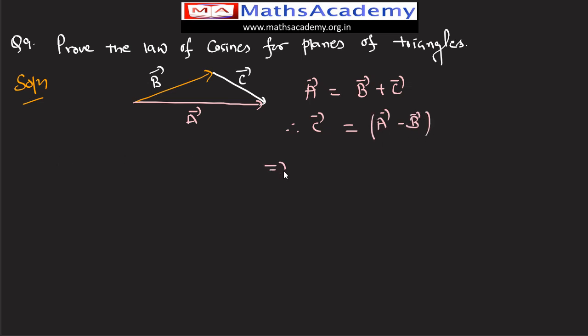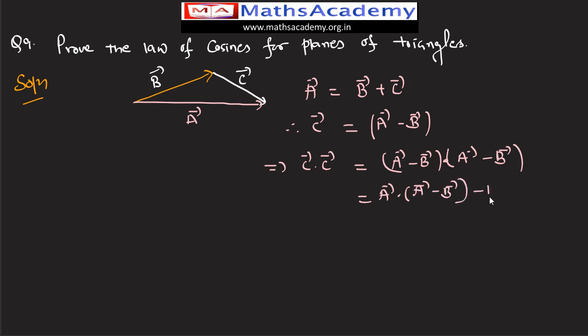So now from both sides I am taking the dot product: C dot C is equal to A vector minus B vector, then again the value of C vector is A vector minus B vector. So here we can multiply in this way: A vector minus B vector dot with A vector minus B vector.